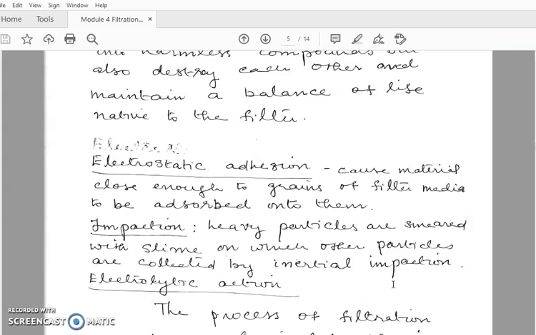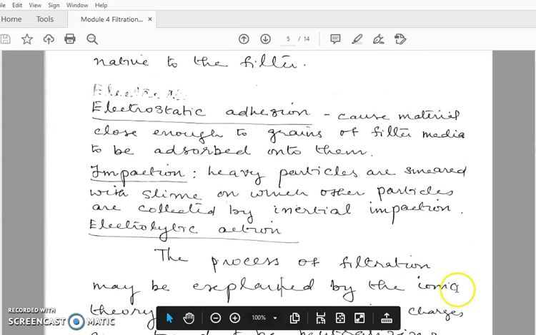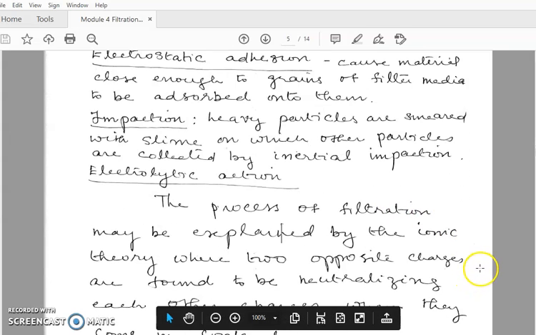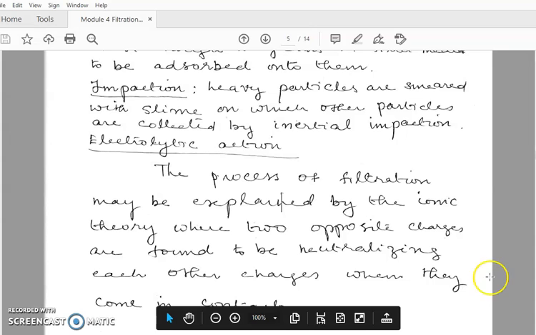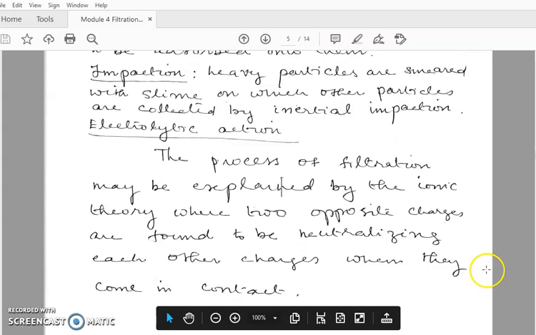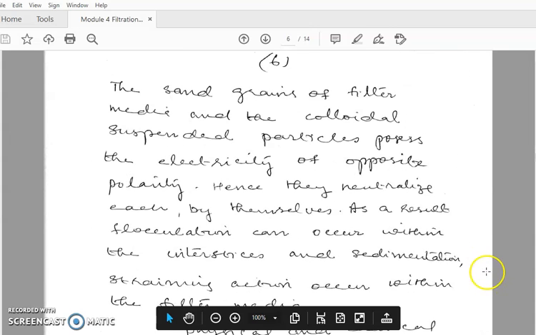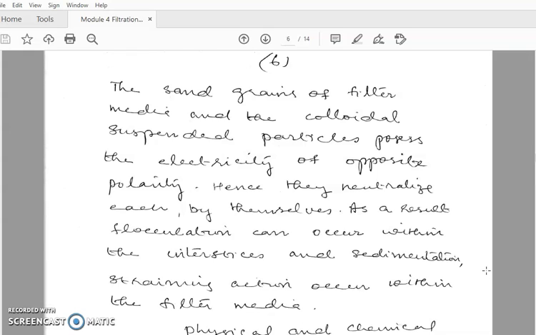Now the next one is electrolytic action. The process of filtration may be explained by the ionic theory, where two opposite charges are found to be neutralizing each other when they come in contact. And we know that the sand grains of the filter media are of positive charge and the colloidal particles are of negative charge.